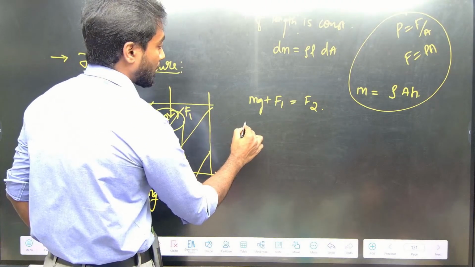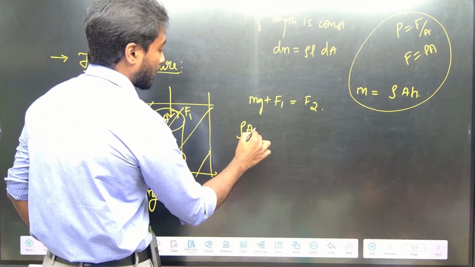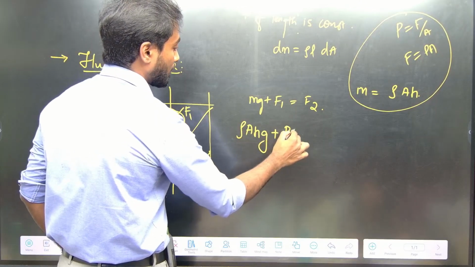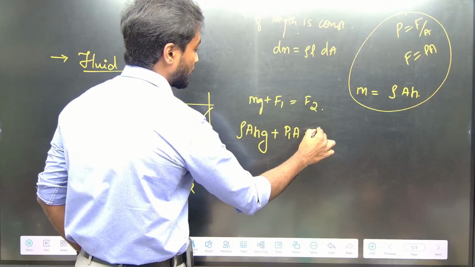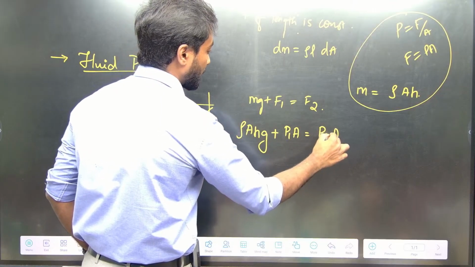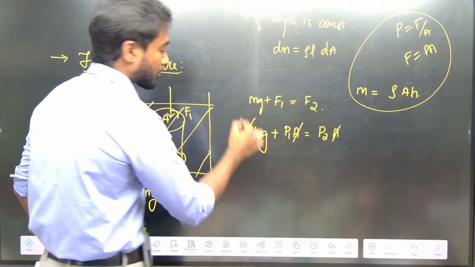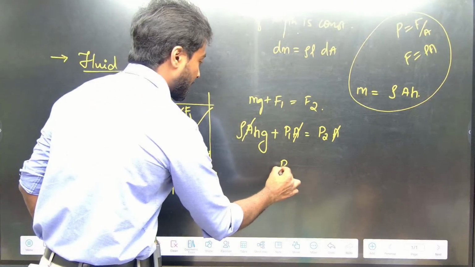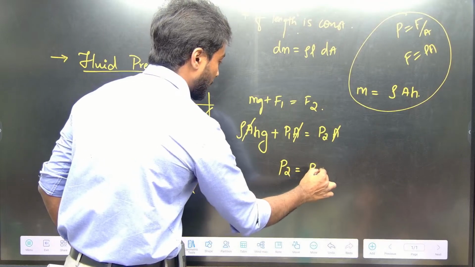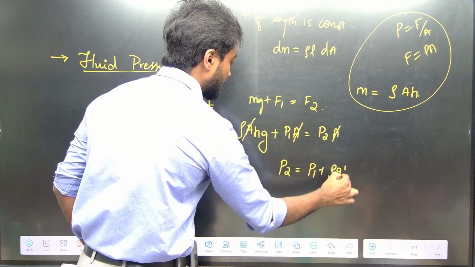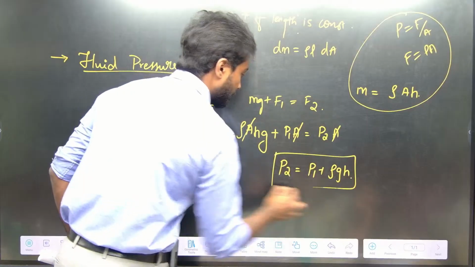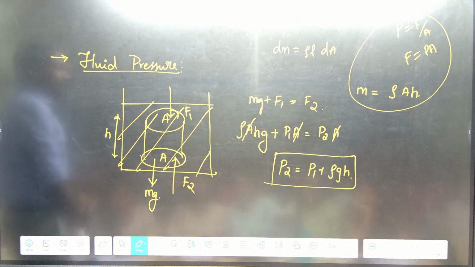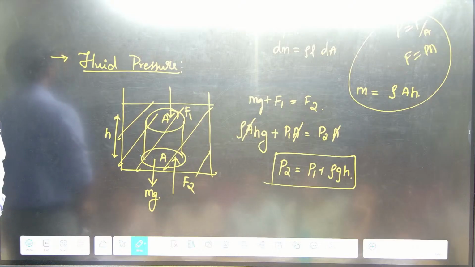So rho A h g plus P1 A should equal P2 A. Understood? So can I write P2 equals P1 plus rho g h. Understood? So P2 equals P1 plus rho g h.